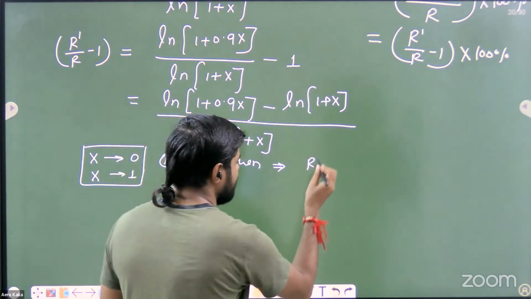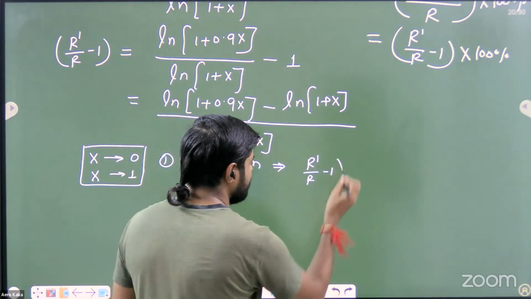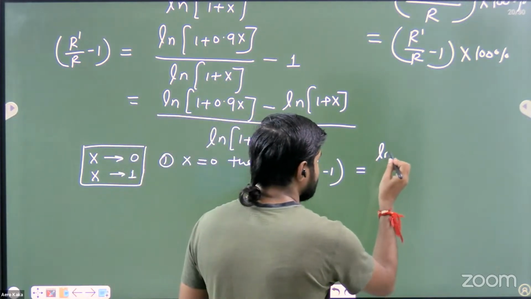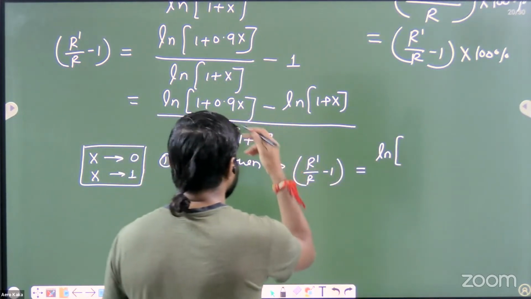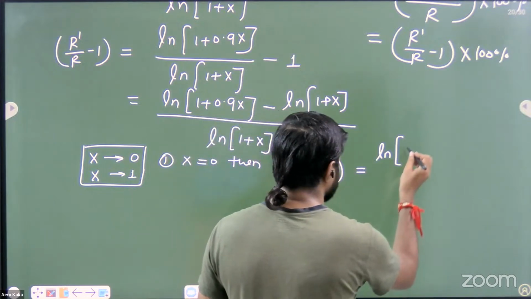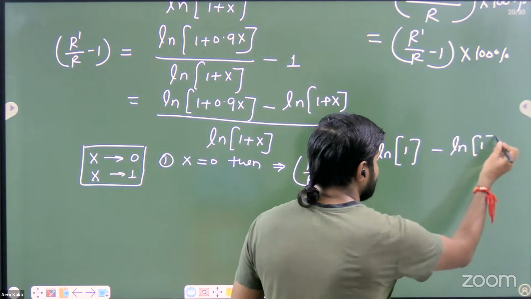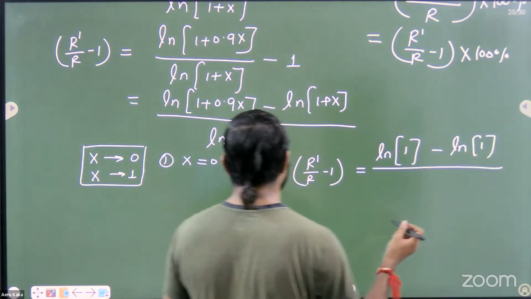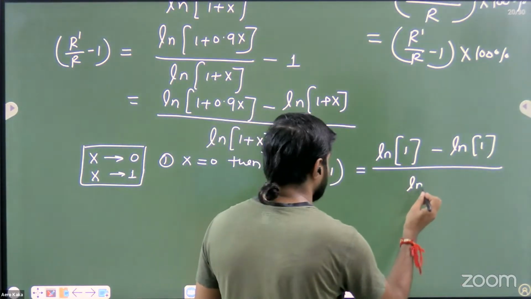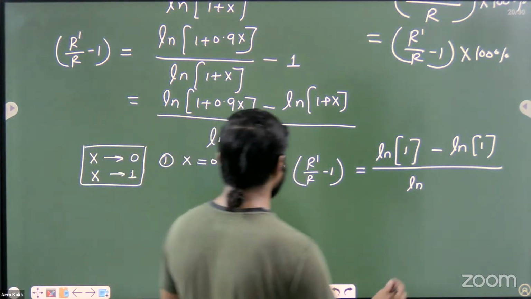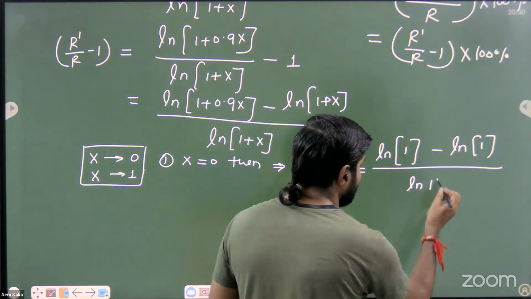Then you can write R prime by R minus 1 is equal to ln of 1 minus ln of 1, divided by ln of 1 only, right?